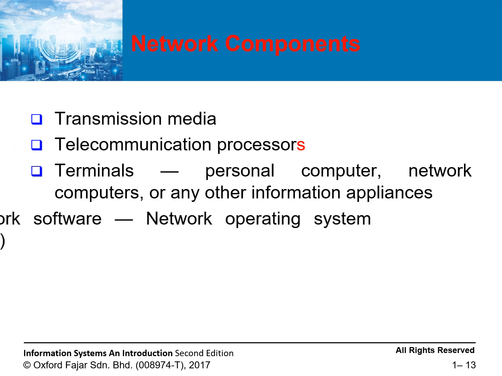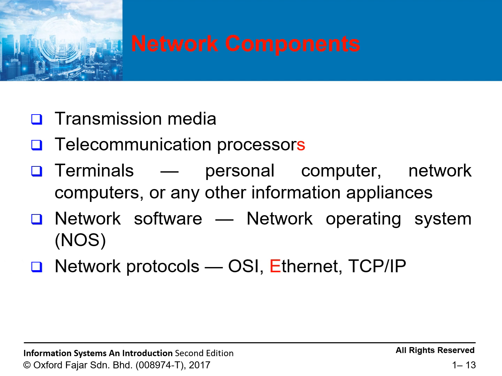There are four components involved in a network to enable a connection to happen. So there are transmission media, telecommunication processors, terminals, and also the network software. A transmission media enables a connection to be established between communication devices.